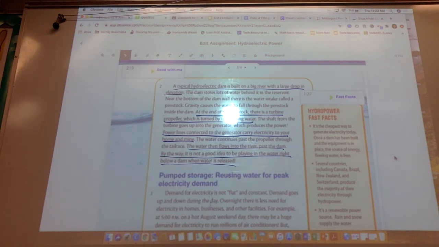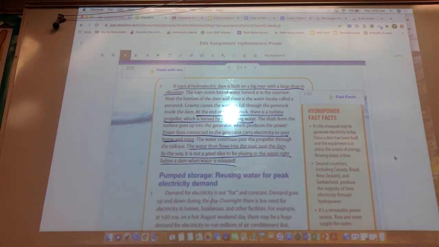But 12 hours later at 5 a.m., not so much. Hydroelectric plants are more efficient at providing for peak power demands during short periods than are fossil fuel and nuclear power plants. One way of doing that is by using pumped storage, which uses the same water more than once.